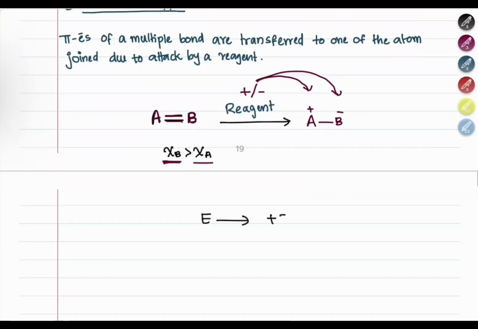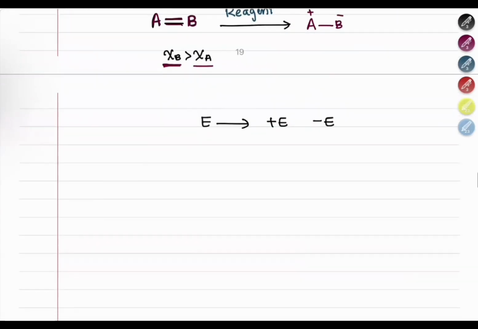It can be either plus E effect or minus E effect. We'll see both effects. Plus E effect means, suppose in our molecule a double bond between A and B is present and an electrophile is coming as the attacking reagent. We have seen the electronegativity of B is greater than that of A. Then this bond will break, A will get a positive charge and B will get a negative charge.